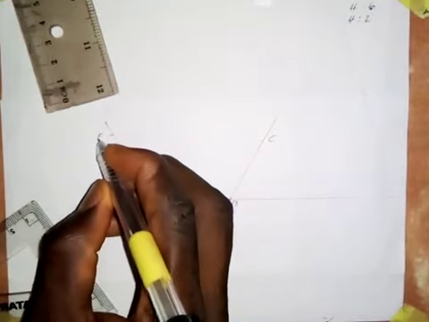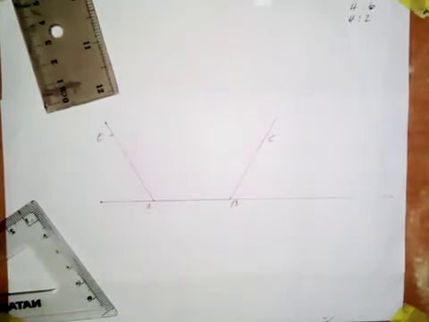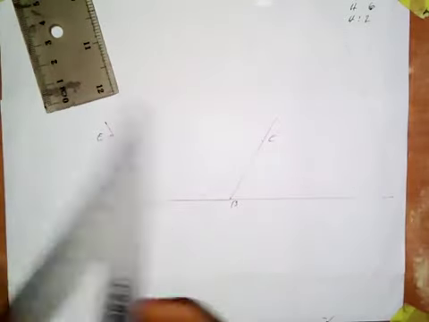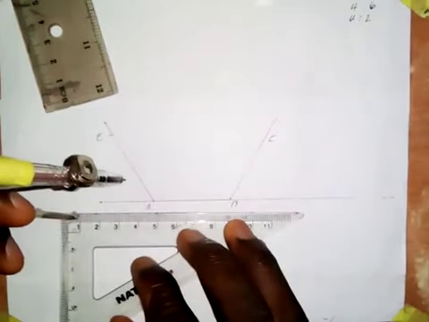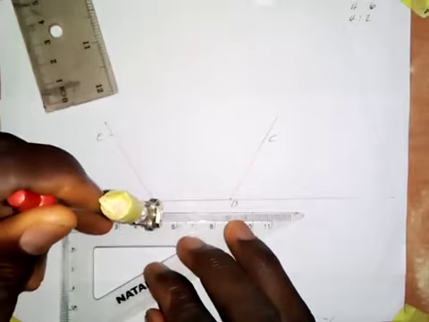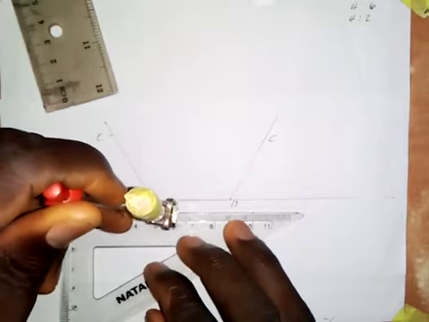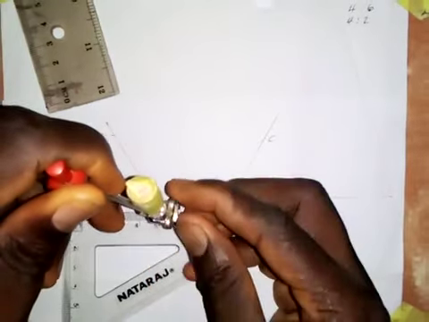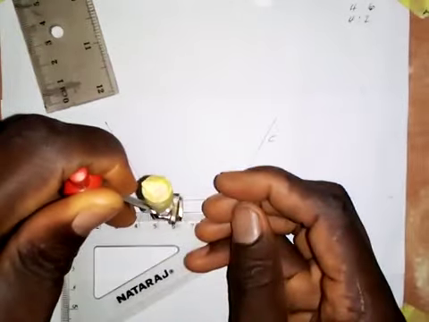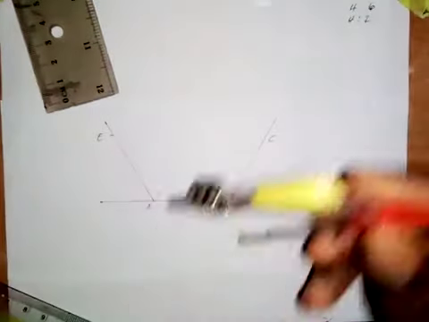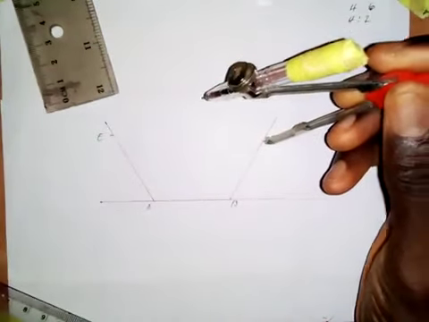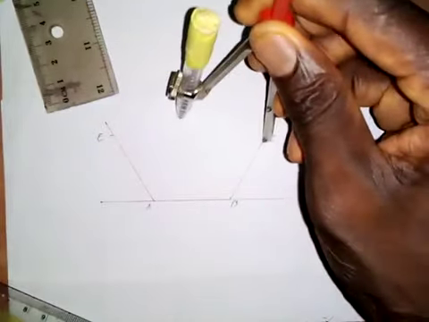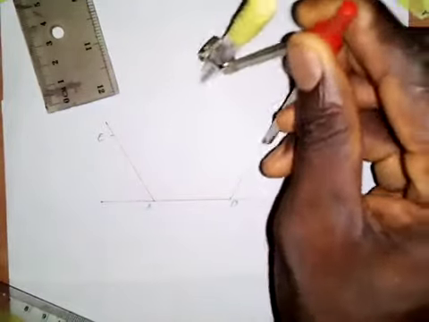We have constructed three sides, so we need to locate point D. I'll take a measurement of 45 millimeters for CD. I put the compass at point C and make an arc here like this.